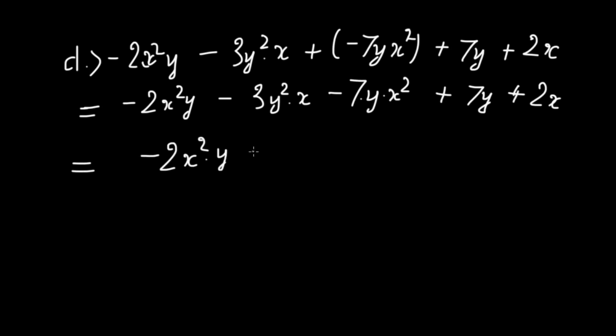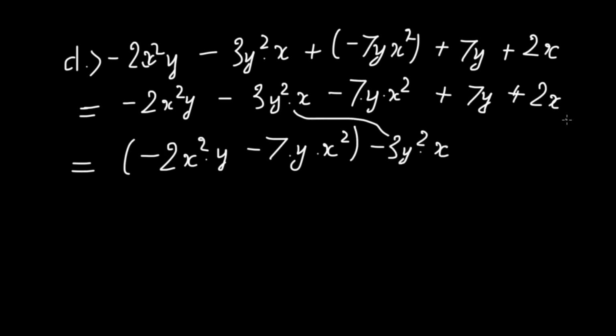Please keep in mind that you always group the like terms together in order to simplify further. And then you put negative 3y squared x down. And you notice 7y and 2x are not like terms, so you cannot combine them together. So you put them down.